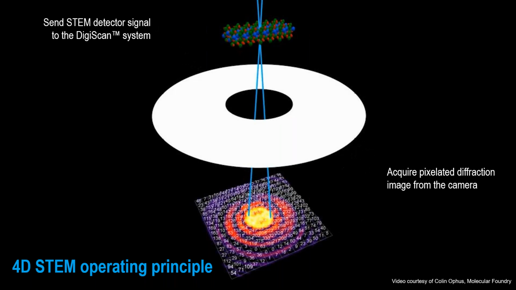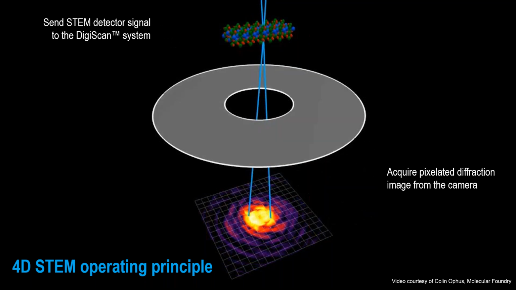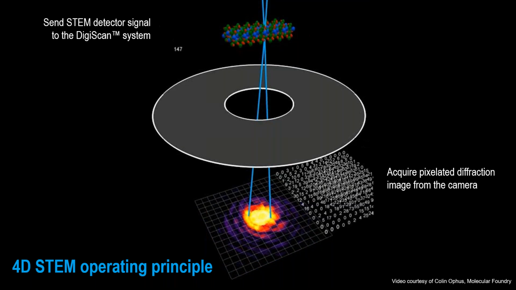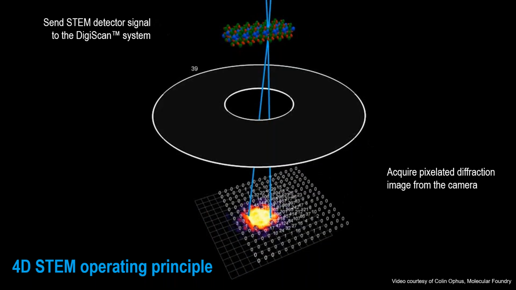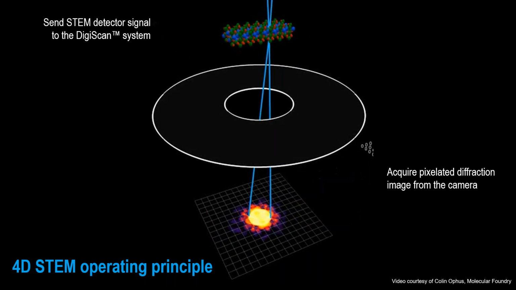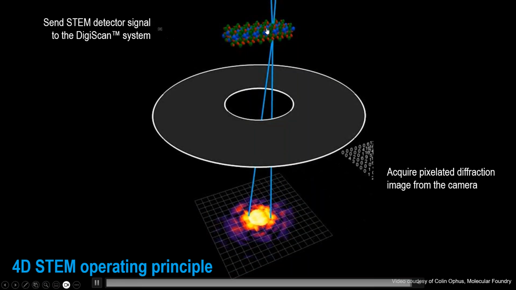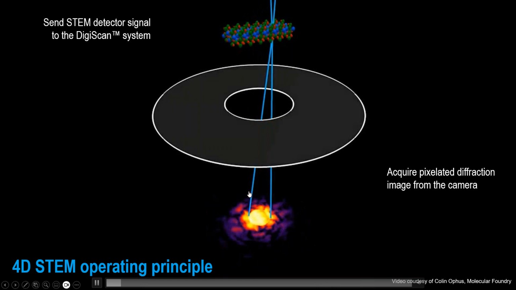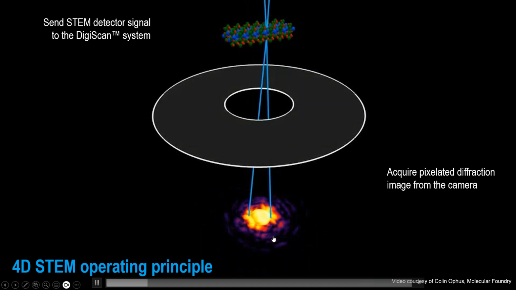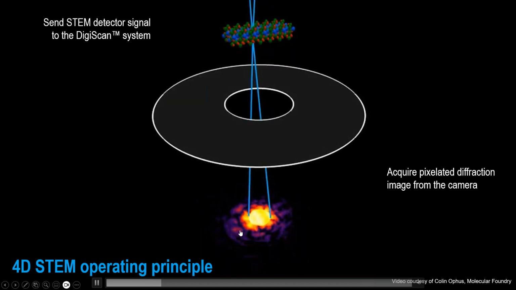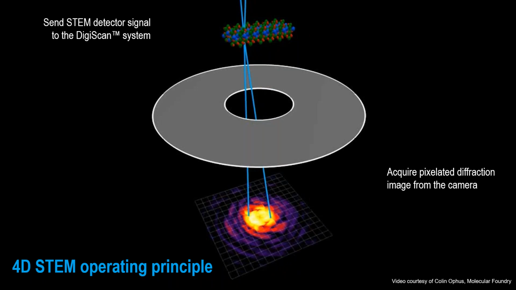But in 4D STEM, we additionally have a camera below the STEM detector that enables us to capture an entire diffraction pattern at each scan position. So you get 2 dimensions in real space as the probe scans across the sample, and then 2 dimensions in reciprocal space or diffraction space from the camera at each probe position. So this is why we call it 4D STEM.